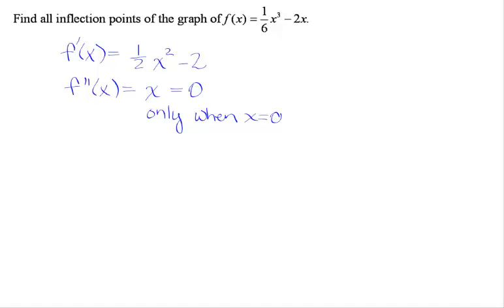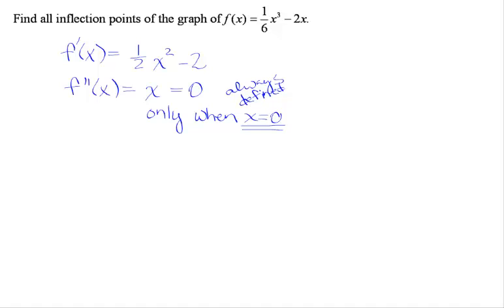And the function is always defined. I don't have to worry about any values where f double prime might not exist. Don't forget to look for those potential inflection points as well. But y equals x is a smooth continuous function, no holes, no jumps, no vertical asymptotes.